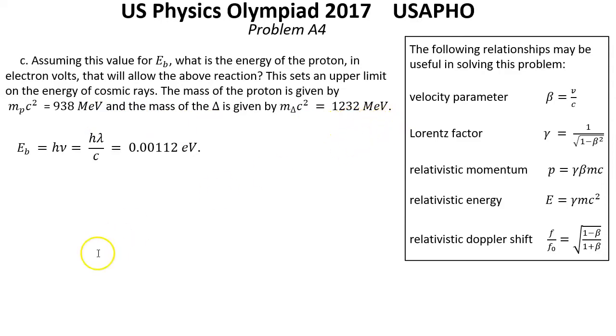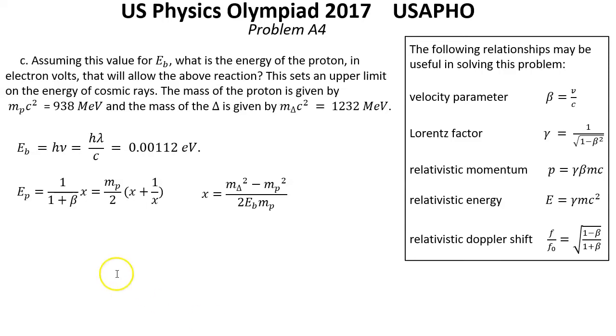1232 megaelectron volts. To solve this question, we have to restore the factor c in these two expressions, which will give us this expression. First, we have to calculate what x is for the given numbers.